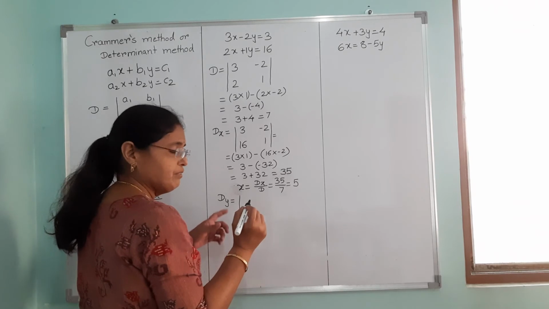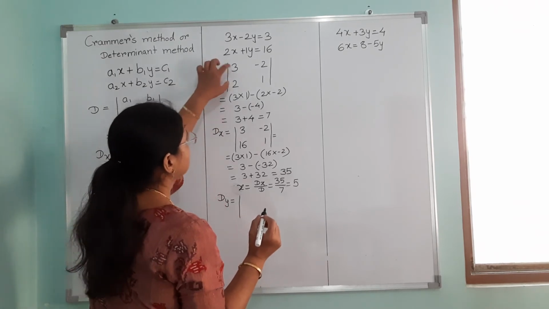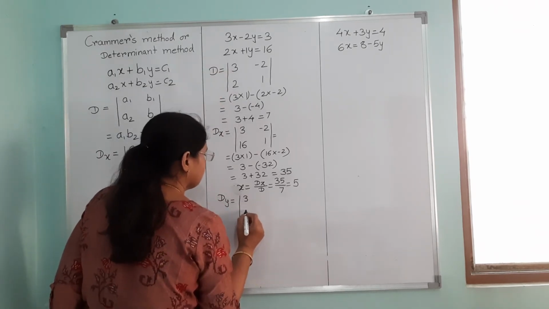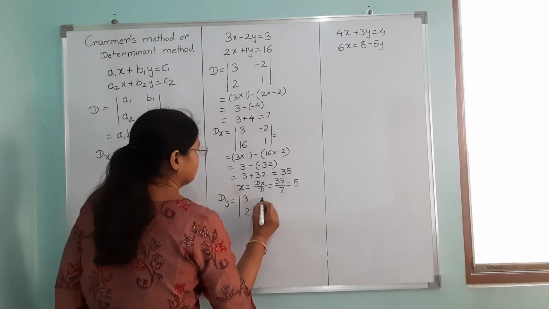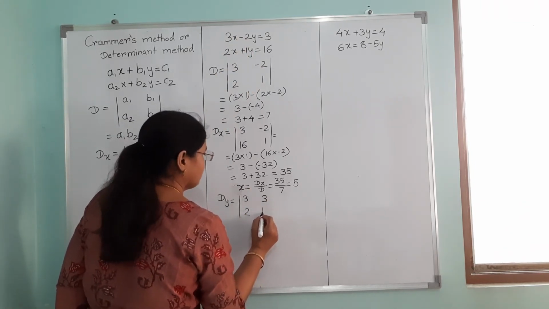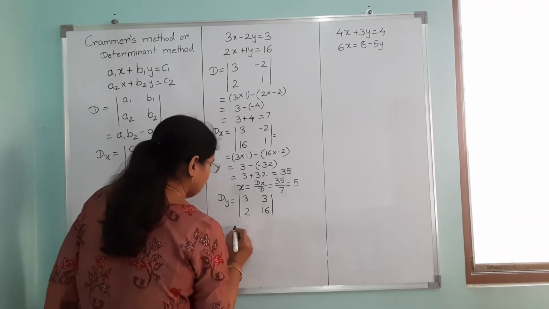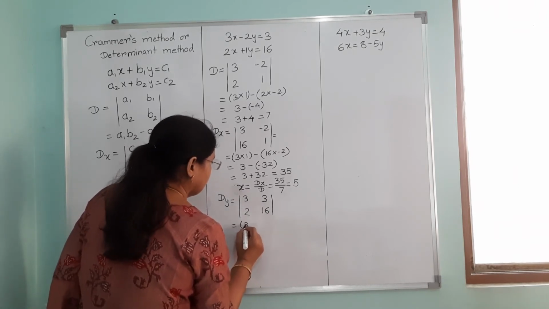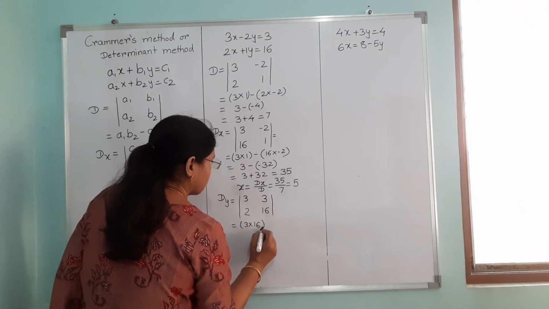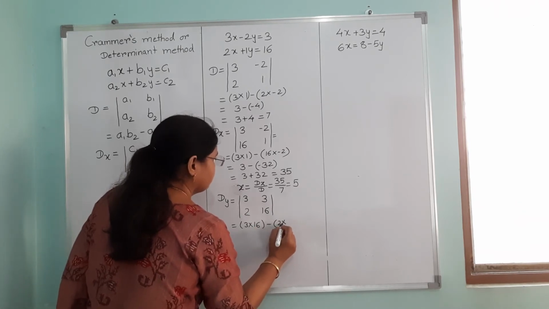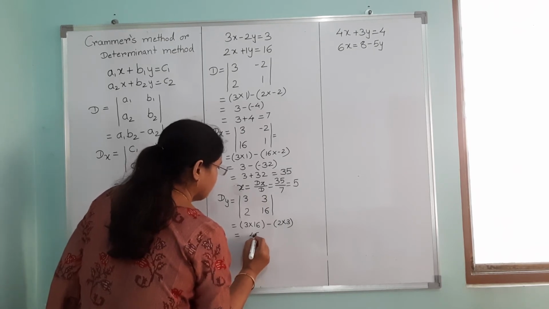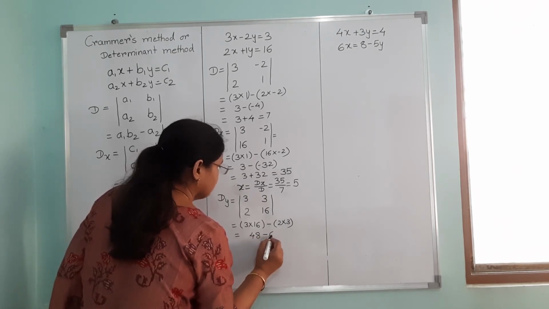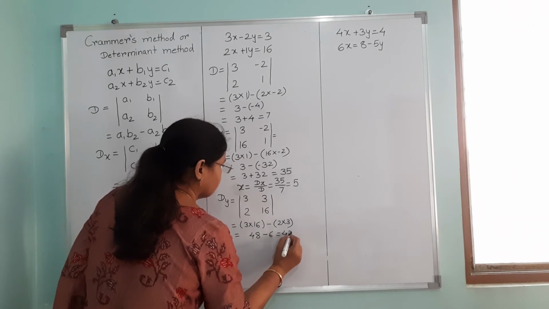To find the value of y, we write the coefficient of x as it is, and the coefficient of y is replaced by the constants, that is 3 and 16. Let us solve them. 3 into 16 minus 2 into 3. This is 48 minus 6, that is 42.